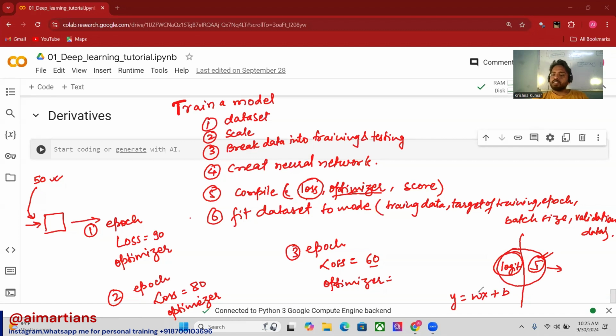So let's say my model is training itself on a data set, and that data set contains two features, x1, x2, and this is the target.